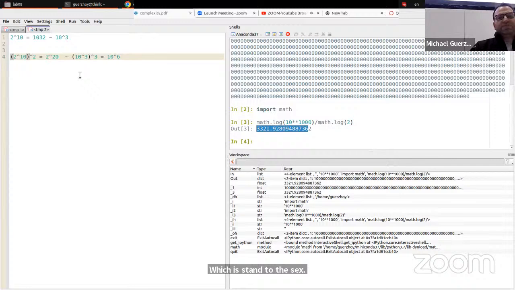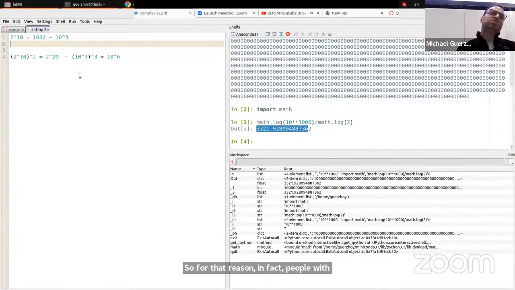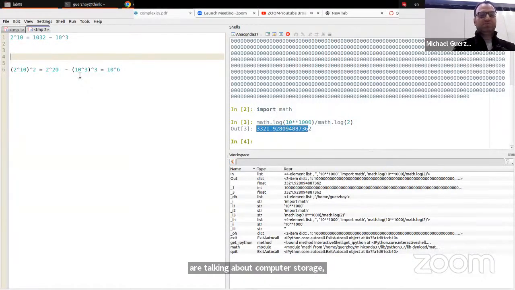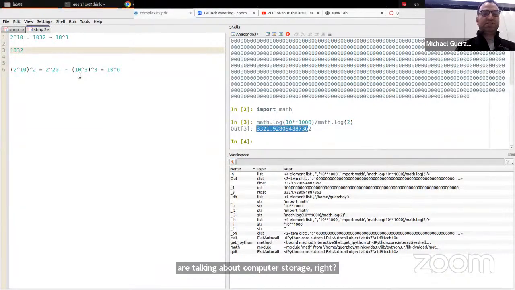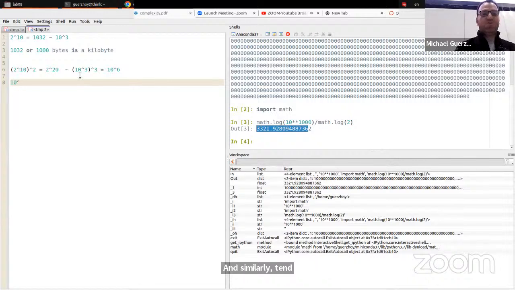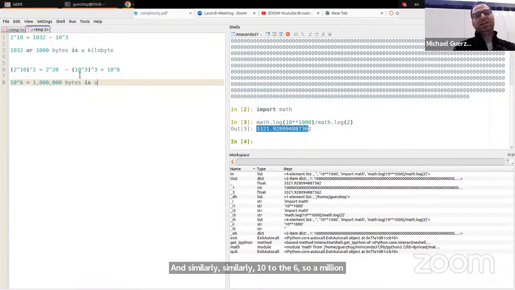For that reason, if you are talking about computer storage, sometimes 1032 and sometimes 1000 bytes is a kilobyte. And similarly, 10 to the 6, so a million bytes, is a megabyte.